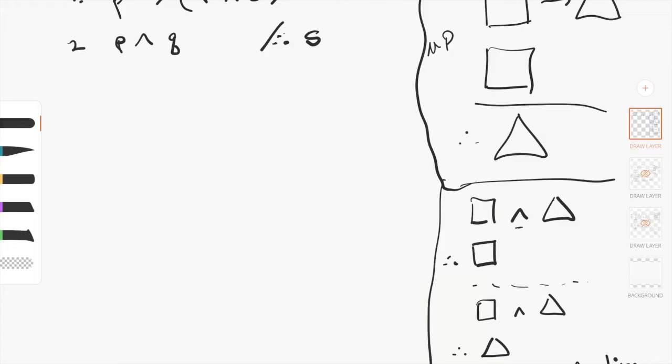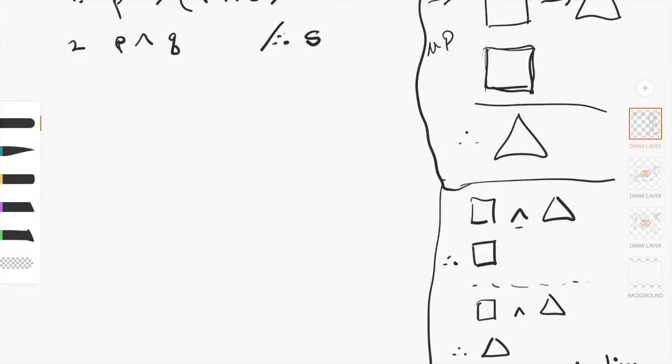If you look at line 1, you will see that the major operator is material implication. So when you see that, you should think to yourself, maybe that's the first premise of a modus ponens. But I would need the second premise. And so if line 1 is the first premise, what would the second premise be?